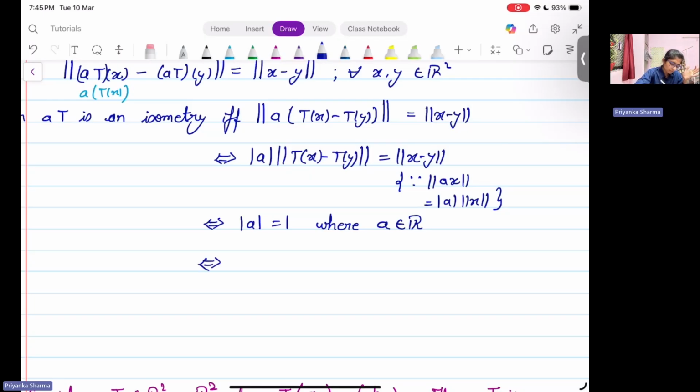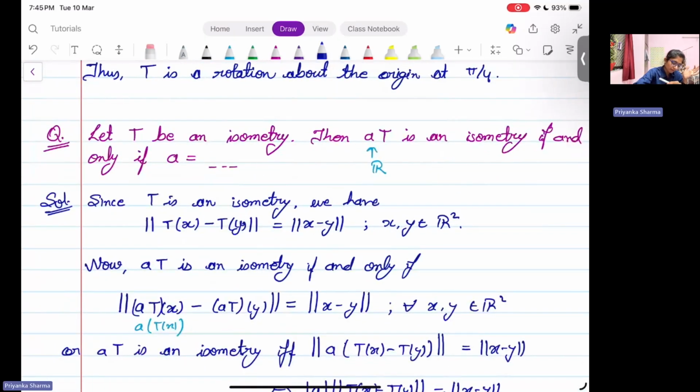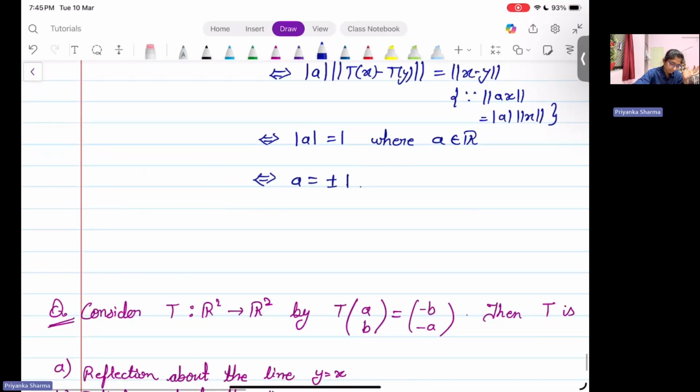This is if and only if A is either 1 or minus 1. So here we will have plus 1 and minus 1.